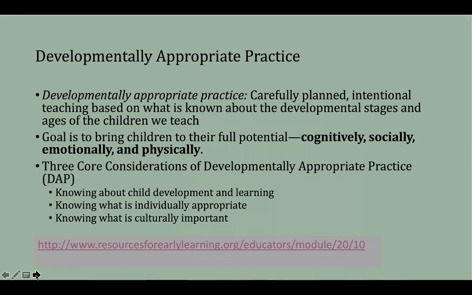And here's a definition. Developmentally appropriate practice: carefully planned, intentional teaching based on what is known about the developmental stages and ages of the children being taught. The goal is to bring children to their full potential, cognitively, socially, emotionally, and physically.